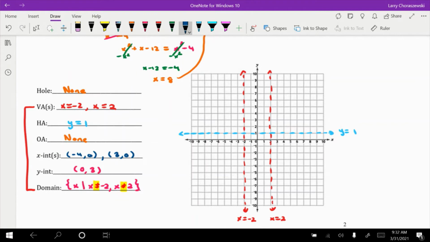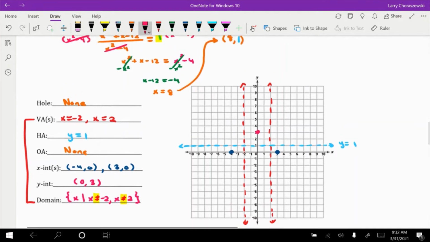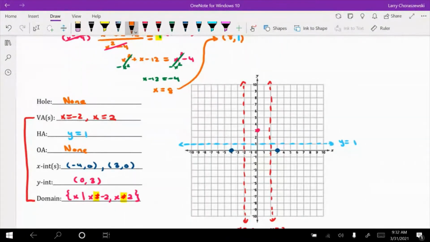Two x-intercepts, one at (-4, 0), the other at (3, 0). One y-intercept at (0, 3). And then, based on our recent work, our graph is going to intersect the horizontal asymptote at (8, 1).